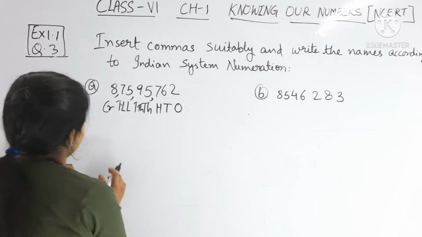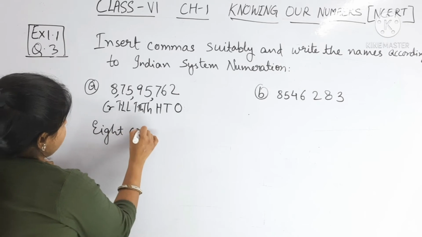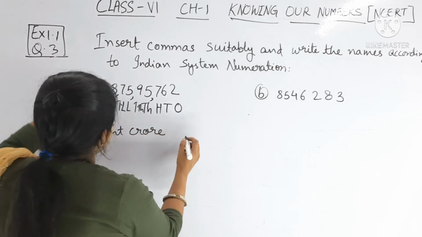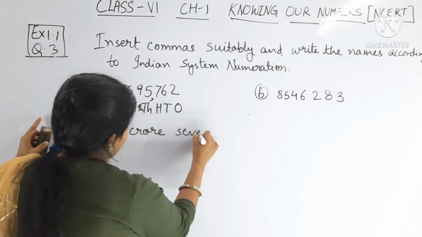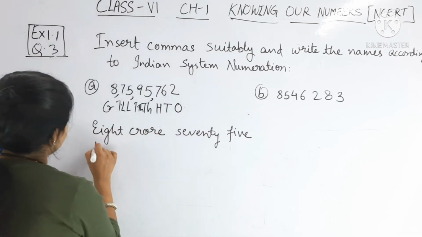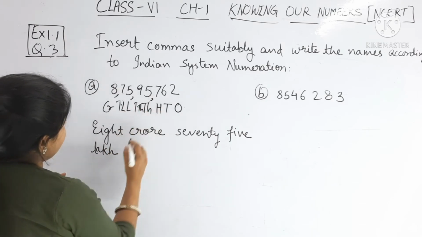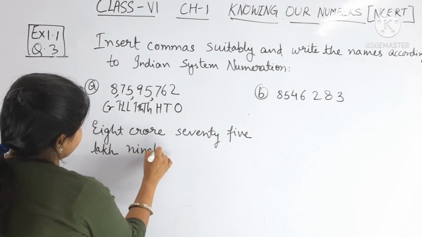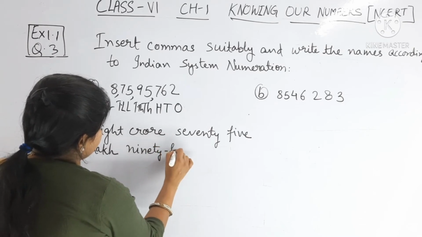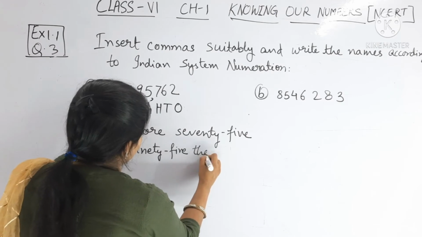insert commas here. Okay, so the number name is 8 crore 75 lakh 95 lakh 95,760.